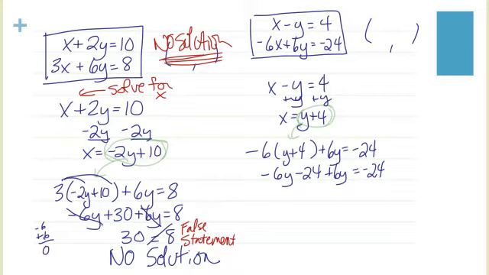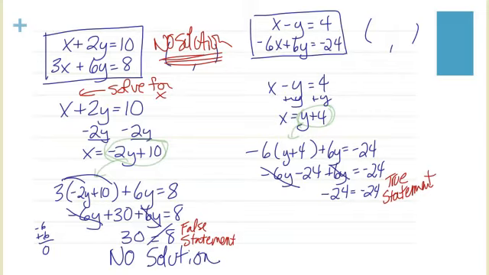So this time, just like last time, I have negative 6y plus 6y. No, it's not always 6 and it's not always y. But my variables have the same coefficient with opposite signs. So I have 0y. I have no more letters left. What's different this time is I have a true statement. Negative 24 is equal to negative 24. That's different than last time.